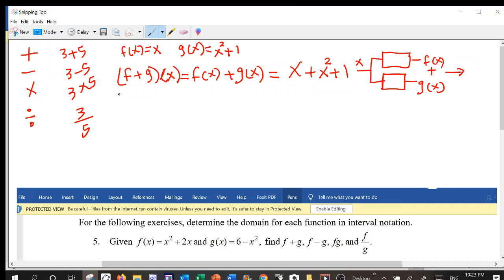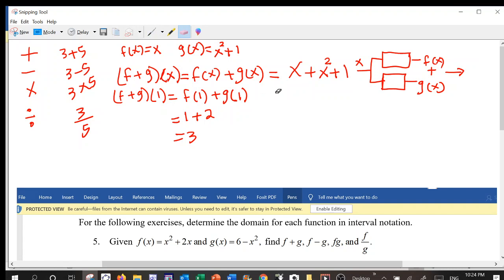Now before I do that, let's say for example, what is f plus g of 1? Well, that would be, according to definition, f of 1 plus g of 1, which is what? Well, f of 1 is 1 plus g of 1 is 2. So the answer is 3.